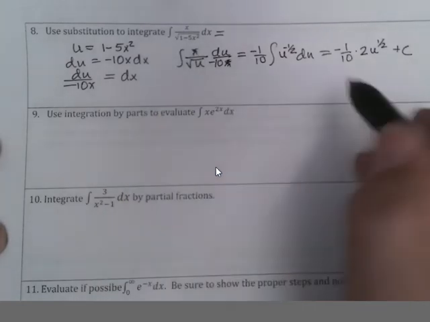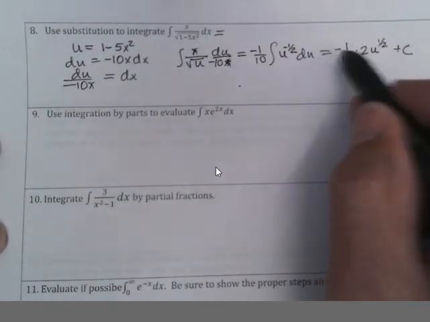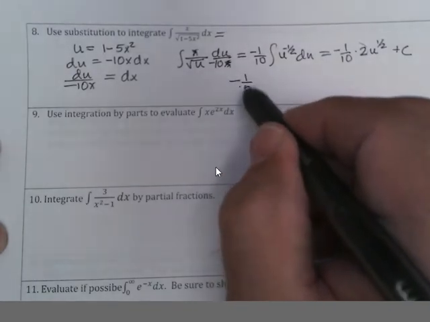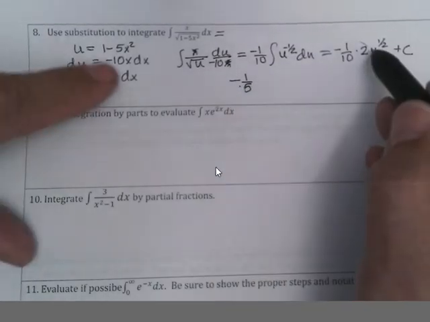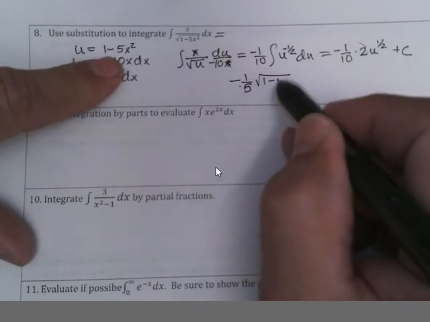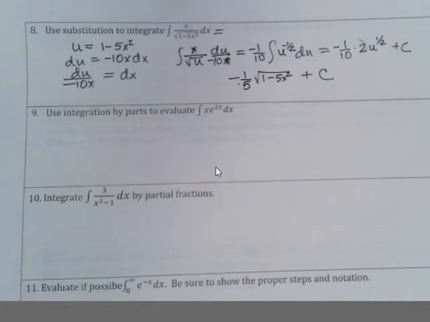Changing back to x's, this is minus 1/5 square root of 1 minus 5x squared plus c.